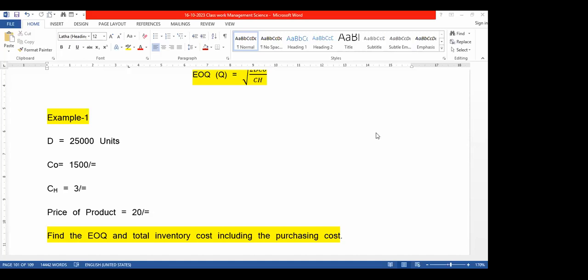Okay, your answers are correct. What is the total inventory cost, including purchasing? I think only five or six people are there.